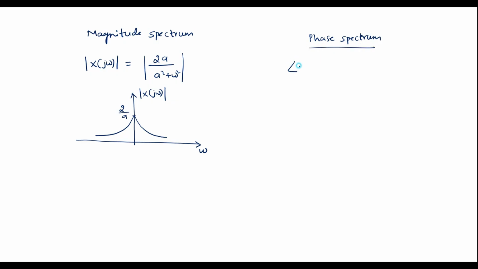Now the phase spectrum, that is the angle of X(jω). Here there is no j term, so the angle or the phase will be 0. As it is a real function with no j term, the phase spectrum will be 0.